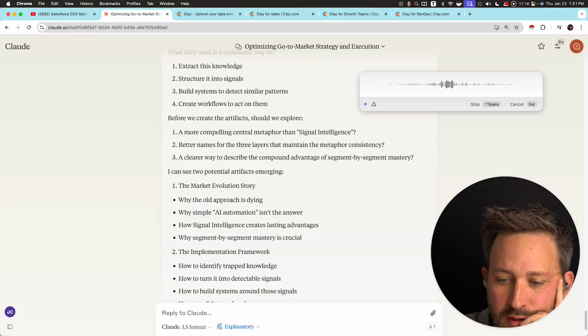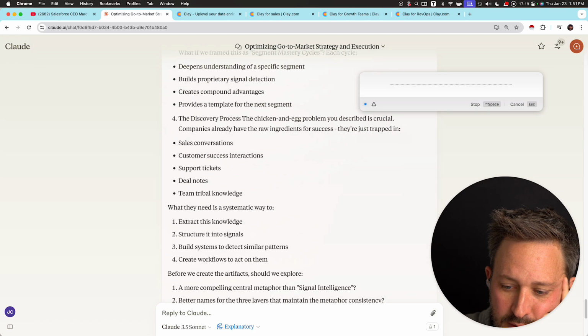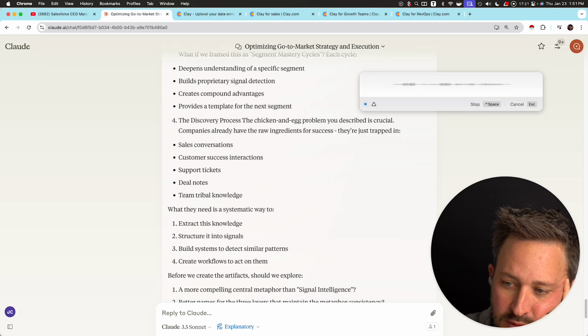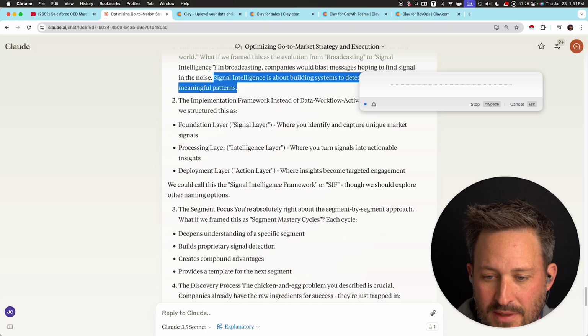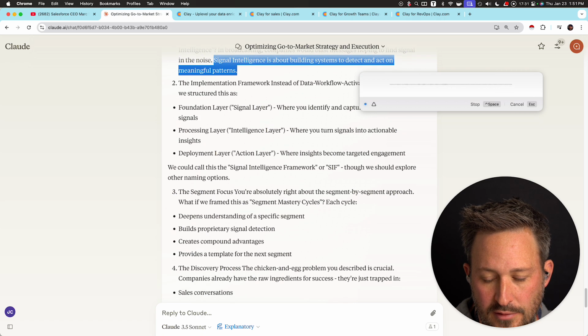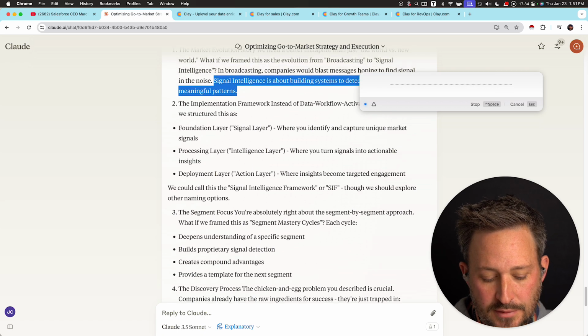Yeah, I would say the signal intelligence is interesting. See if you can play around with that. I really liked it more when we talked about the data layer and the activation layer, and there's a connecting systems layer.